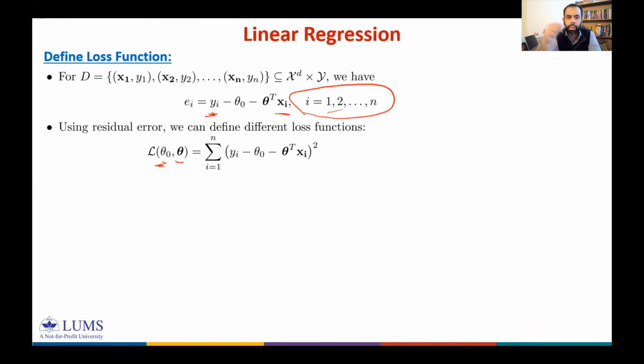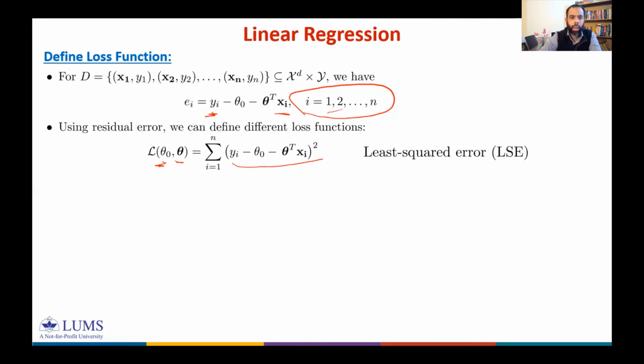These are the model parameters. You square each residual error and sum them, so you have a sum of squares of residual errors. This is termed least squared error, or LSE.